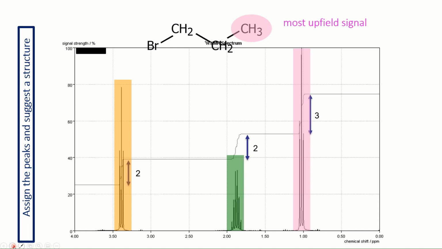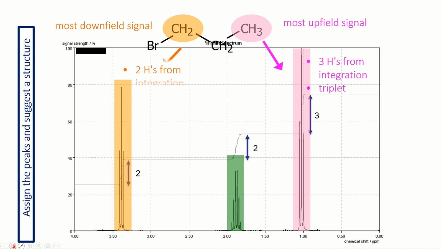So this one here, we stated that this methyl, which appears as a triplet, is not next door to the bromine; it is next to this methylene, which is next door to a bromine, which appears as that triplet.